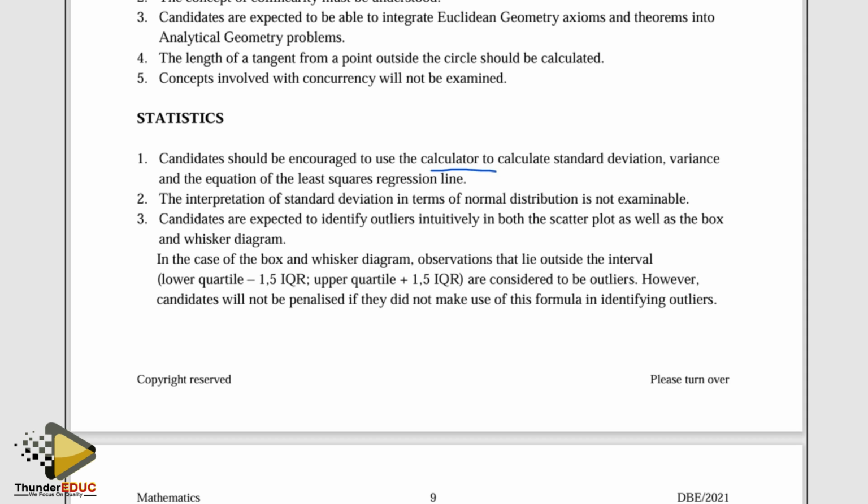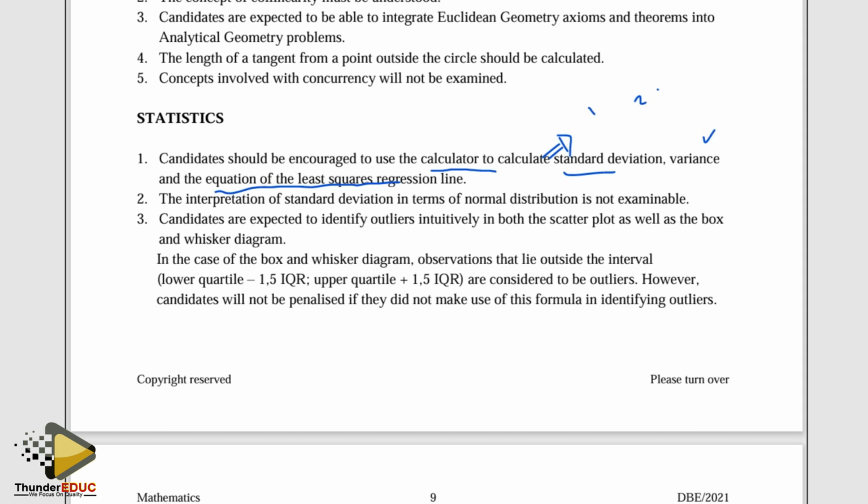Number one, to determine the standard deviation, the mean, the variance, as well as the equation of the regression line. Because in most cases, such questions will be 1 mark or 2 marks. So if you try to go the long way and find the standard deviation, a lot of time is going to be wasted. That's why just get to know how to use your calculator and then move on.